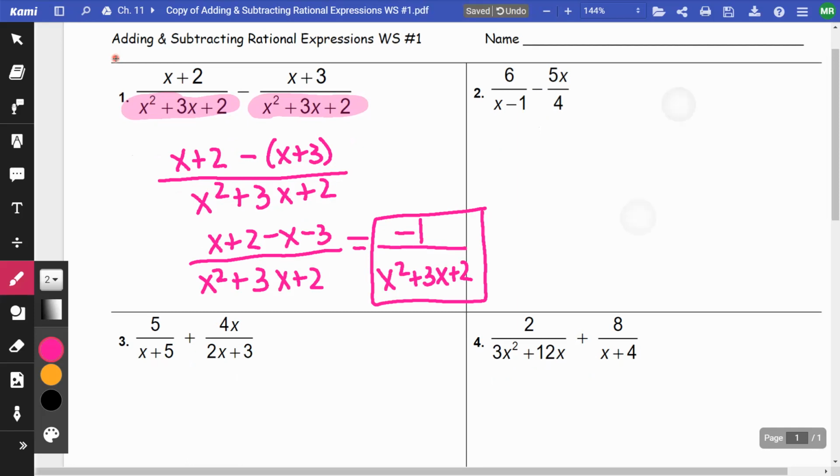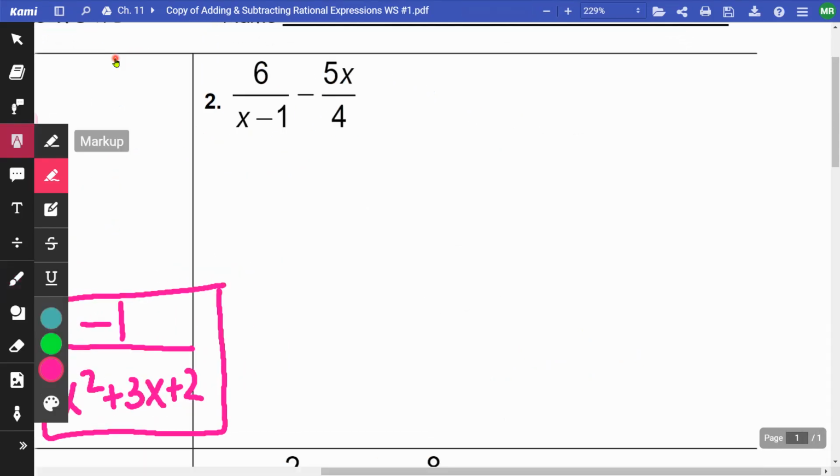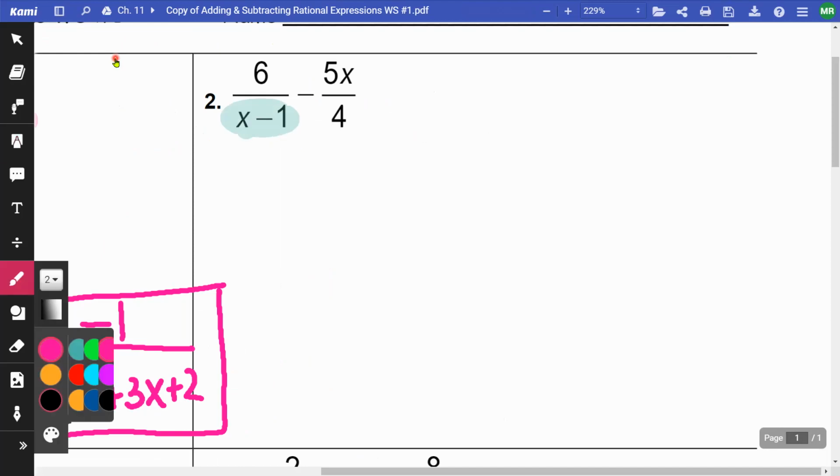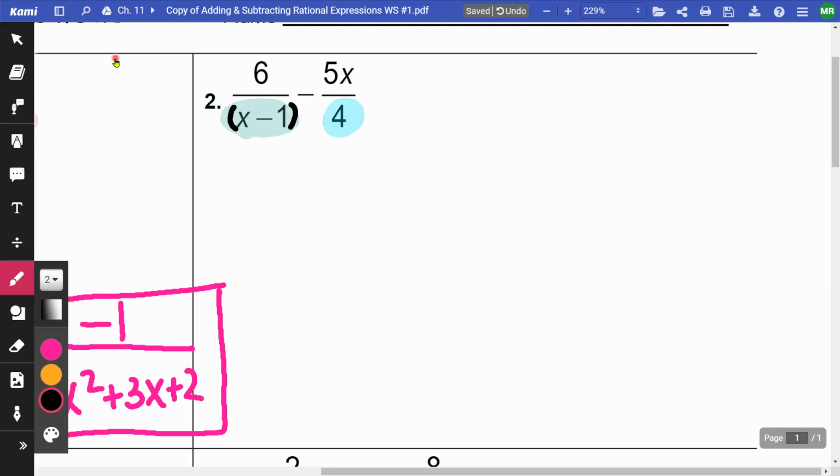Now on number 2, I don't have common denominators, so I'm going to have to get common denominators. I need this whole x minus 1, and I need this whole 4. So my common denominator here is going to be x minus 1 times 4.